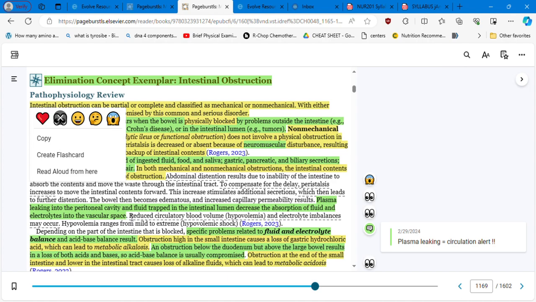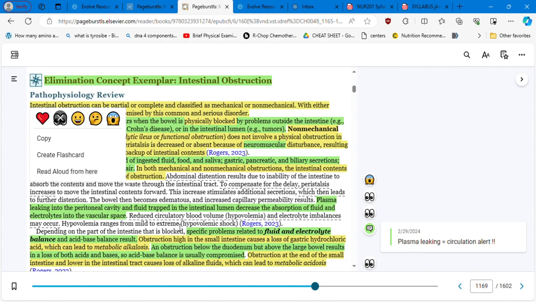So those electrolytes from the food that we are supposed to absorb are not going to be absorbed, because the vascularity doesn't have space to expand and absorb. So our magnesium, potassium, calcium, and sodium coming from the food are going to start leaking into the peritoneal cavity instead of going to the vascular space.